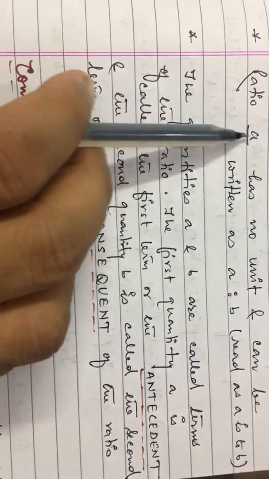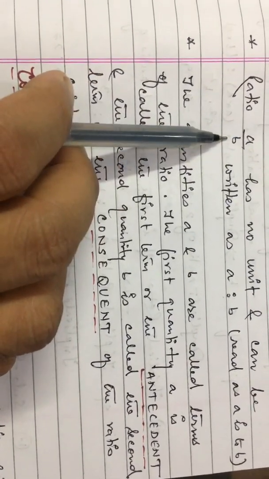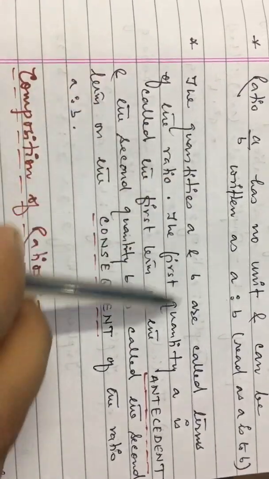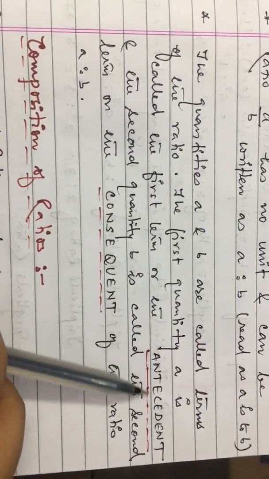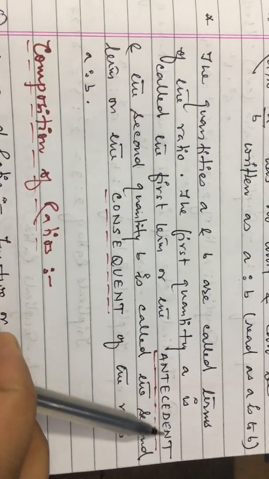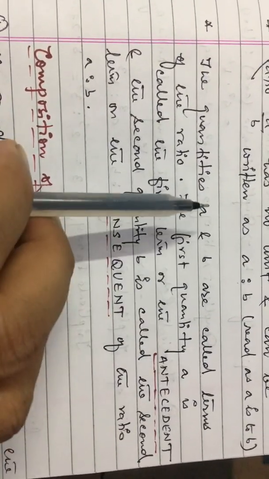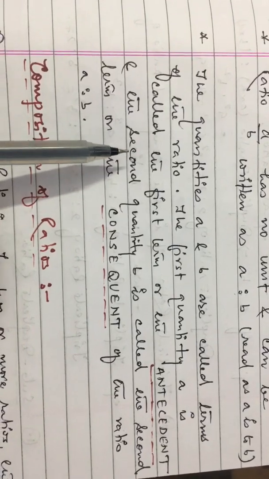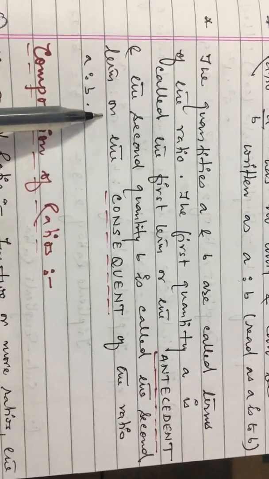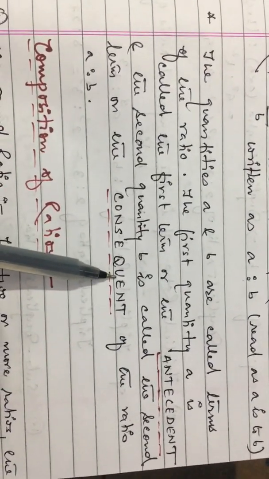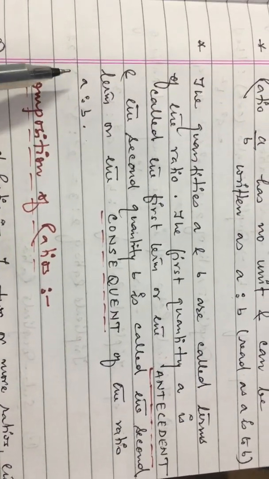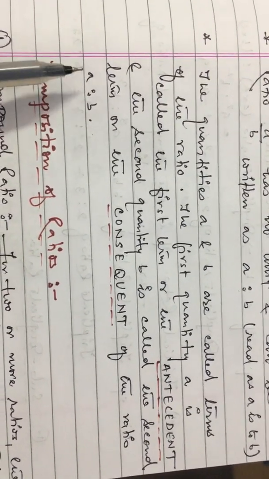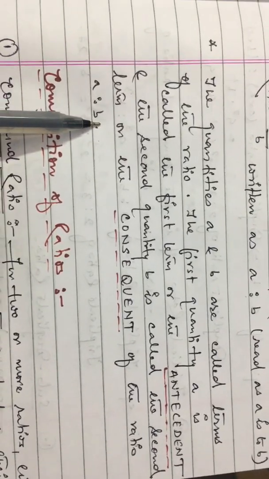The first quantity, A, is called the first term, or antecedent. Keep the term antecedent in mind. The second quantity, B, is called the second term, or consequent, of the ratio A is to B. That is, the first term or antecedent, and the second term or consequent.